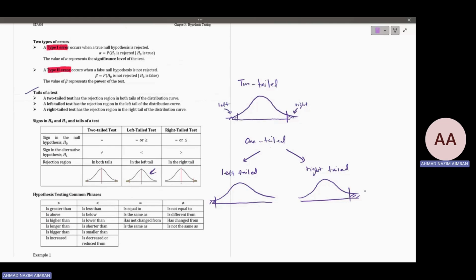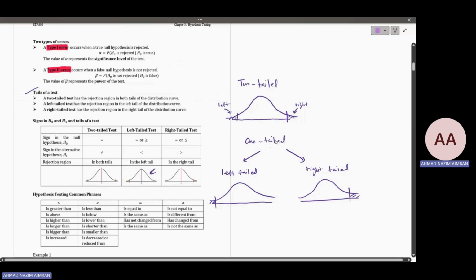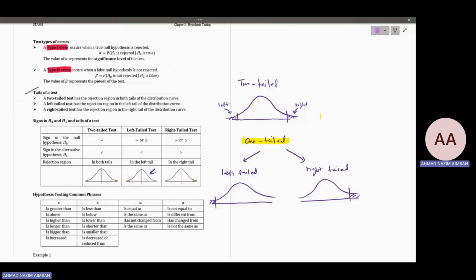So how do we decide whether we have a two-tail test or we need to use the one-tail test? It is like this. The two-tail test and one-tail test actually depend on the alternative hypothesis, H1.